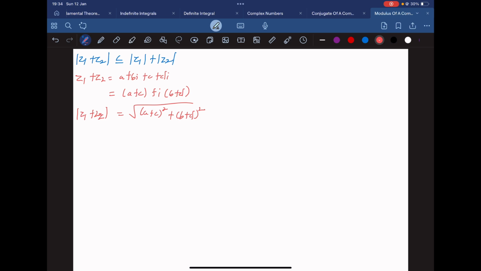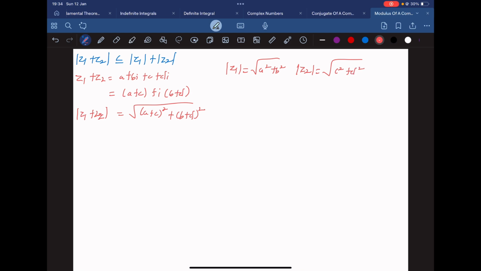Okay, now for the right hand side, we have the modulus of z1 to be equal to the square root of a squared plus b squared, and the modulus of z2 to be equal to the square root of c squared plus d squared.